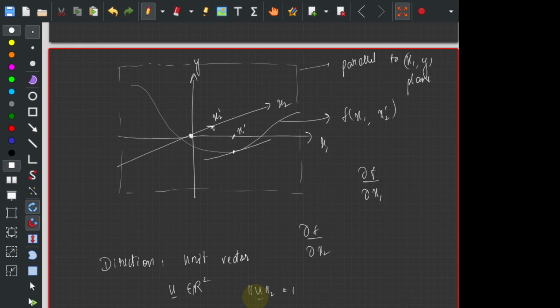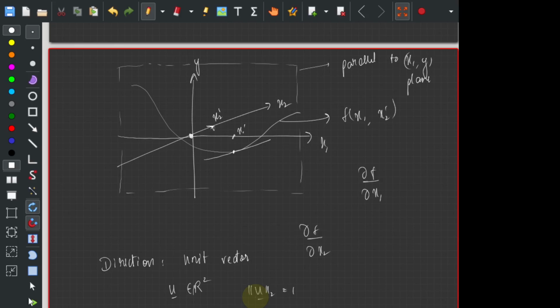What will the slope of the tangent be equal to? Some of the derivatives of each individual direction. Can you be a little more specific? So how would I evaluate it? Okay, and what is that equal to? Correct.